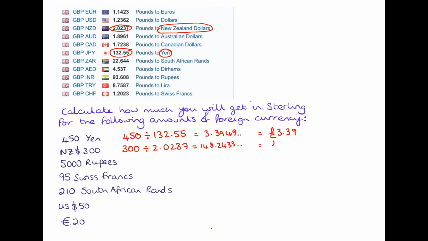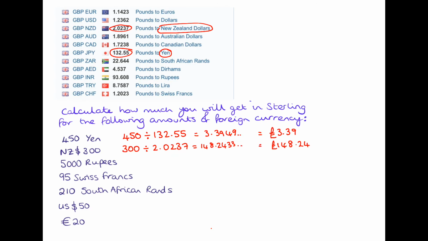So when we round that to 2 decimal places to make it into pounds and pence, then here's our 2 decimal places and the 3 tells us to leave the 4 as it is. So we've got £148.24, or 148 pounds 24 should I say, sorry.